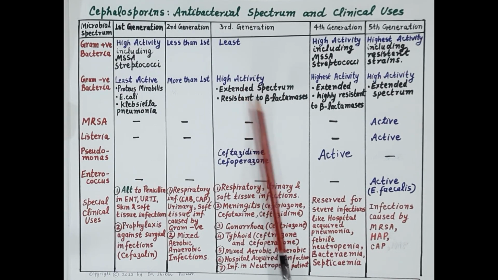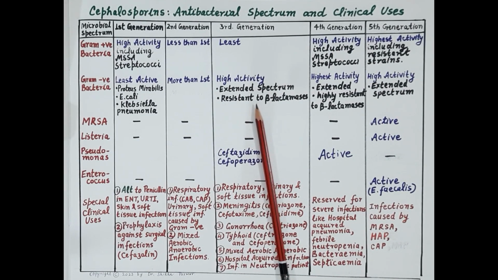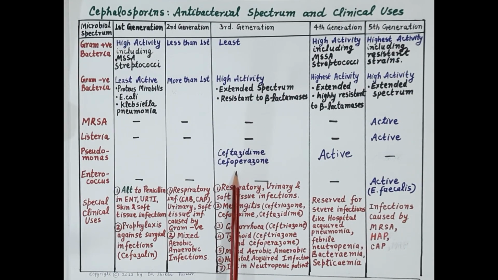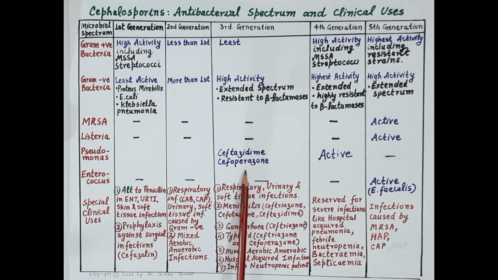And these are effective against extended gram-negative spectrum and are also resistant to beta-lactamases produced by gram-negative bacteria. Then ceftazidime and cefoperazone, these also show activity against Pseudomonas. Now, in addition to this, these third generation cephalosporins are also effective against anaerobic bacteria.